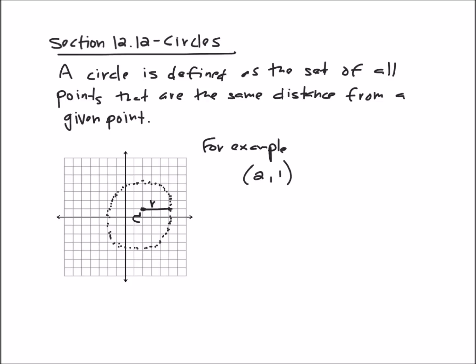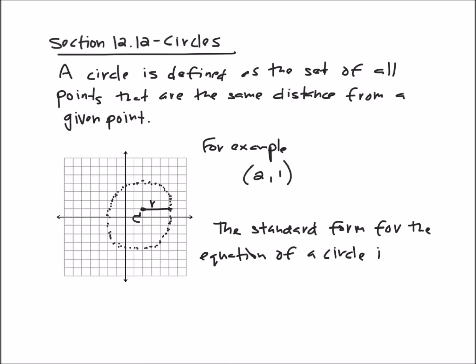All right, so there is an equation that we use when we're talking about a circle, and the standard form for the equation of a circle is (x minus h) to the second power plus (y minus k) to the second power equals r squared.